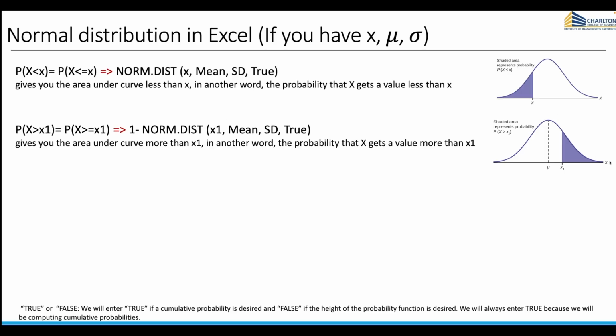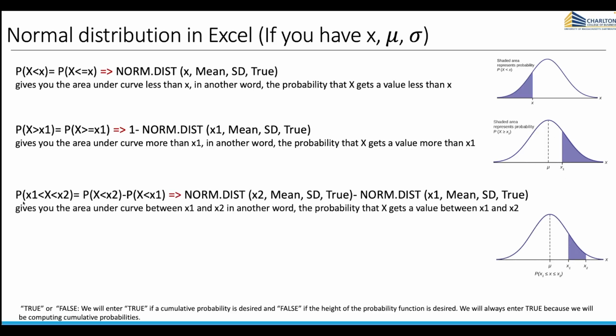So this purple area is 1 minus this white area. So 1 minus norm.dist of x1 and then the rest of the function. This part, norm.dist of x1 with mean, standard deviation, and true, is giving the white area. 1 minus this white area gives us the purple area.